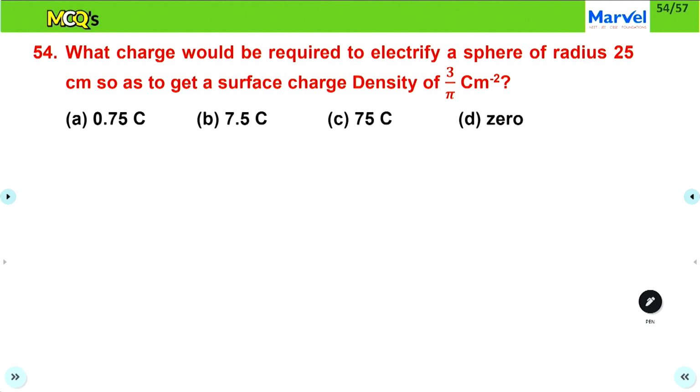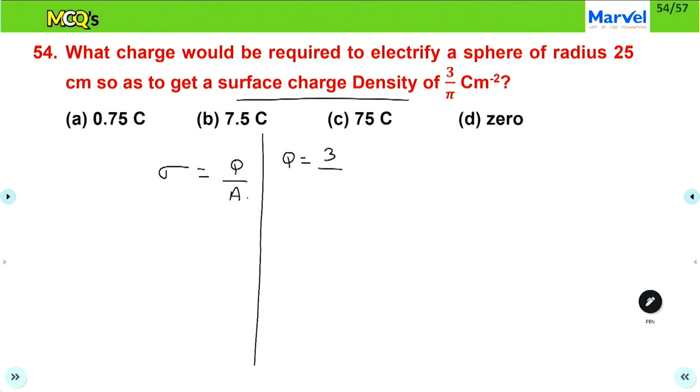So, now listen, the surface charge density is given. You see, it is surface charge density, so sigma is equal to Q by A. Now you have to find how much charge is required to do that. So, Q is equal to sigma into A. Sigma is 3 by pi. What is A?